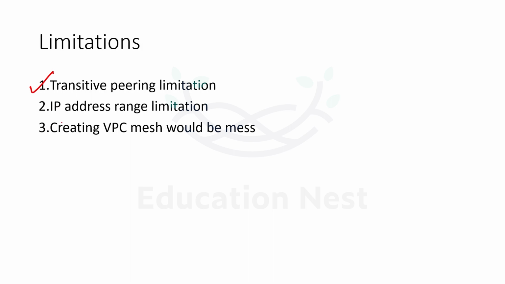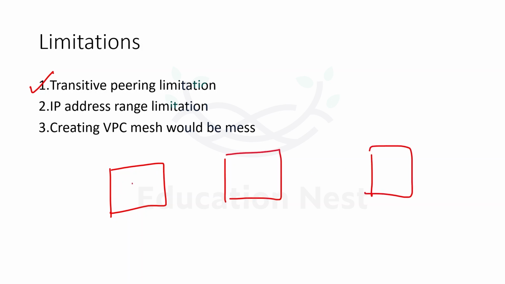What I mean by that is, let us suppose that I have 3 VPCs here: VPC A, B, and C. I have peered VPC A and B together, and B and C together. If I have this kind of connection, it doesn't mean that VPC A and C are connected together. Transitive peering is not applicable here.